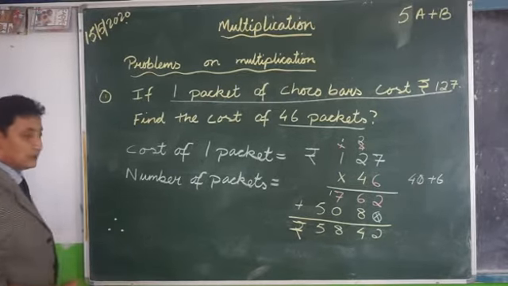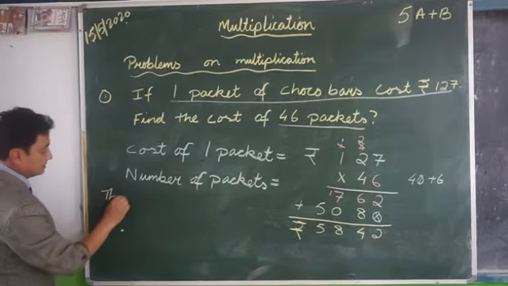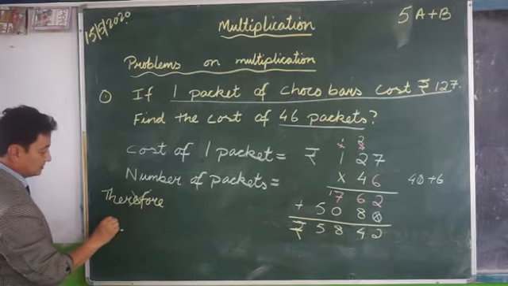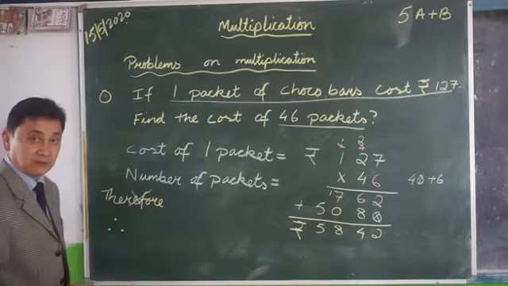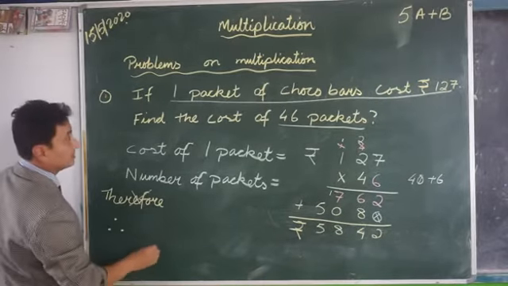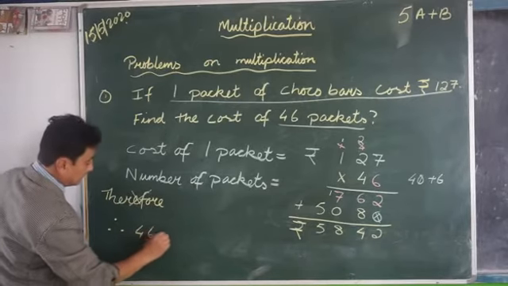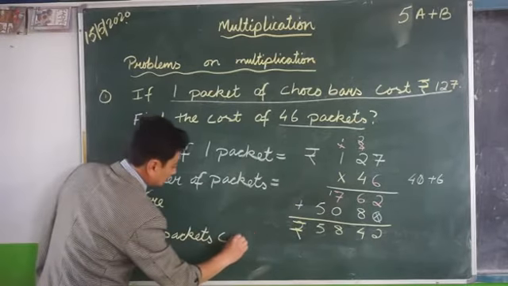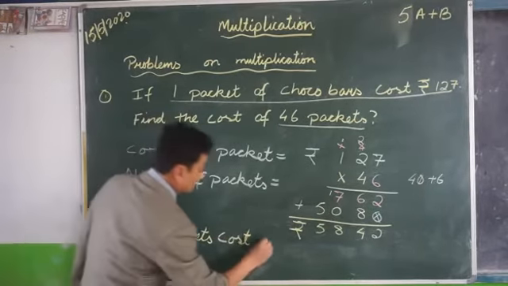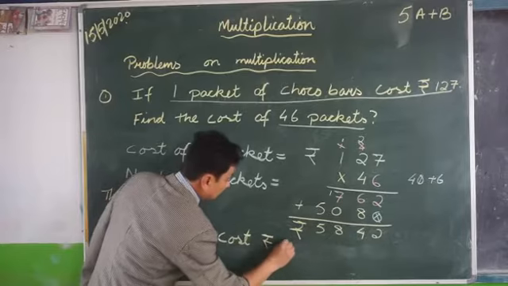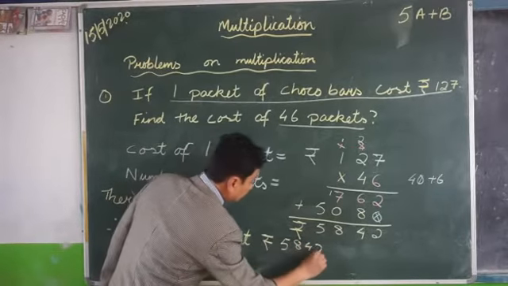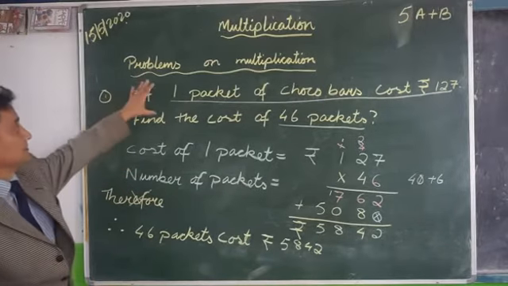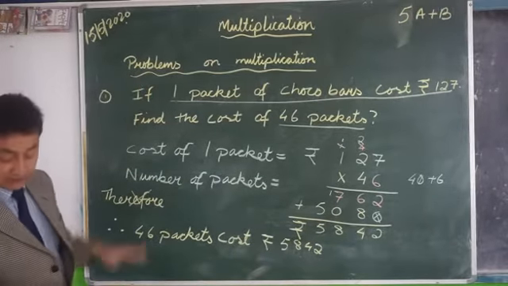These three dots are known as therefore. Instead of writing therefore, we have a short form. 3 dots. Okay, 3 dots. So therefore, 46 packets cost rupees 5,842. Okay? So remember to write the statements.